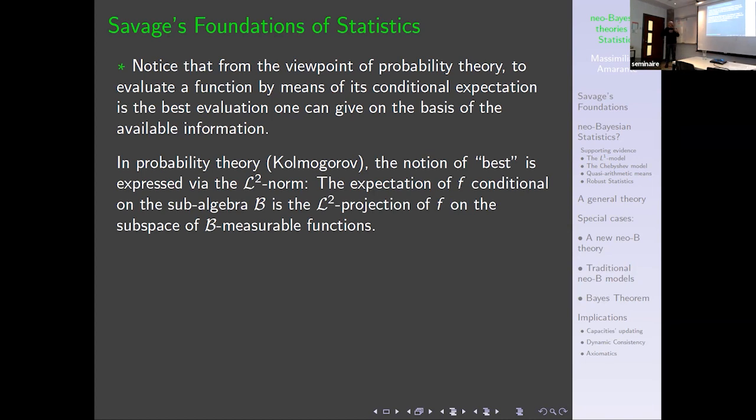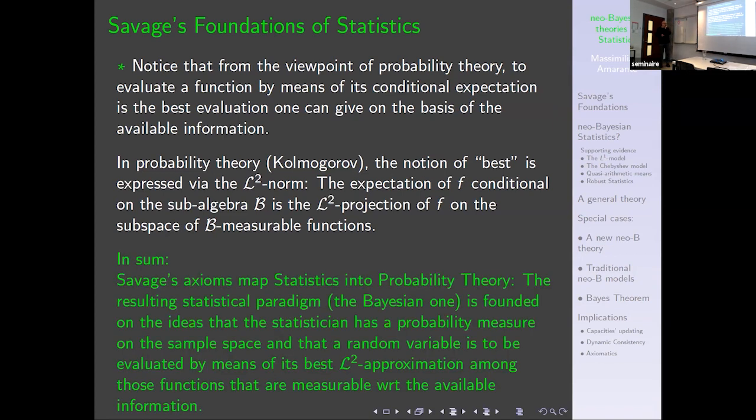So the conditional expectation of a function on a sub-algebra B is the closest function in that distance, or as you know, the projection with respect to this norm on the subspace of B-measurable functions. So the bottom line is that the job of those 6 axioms that we saw in the first part about expected utility is to map the rules that the statistician has to follow into probability.